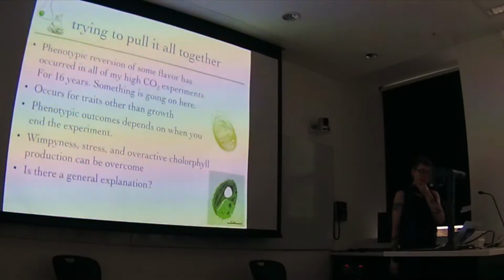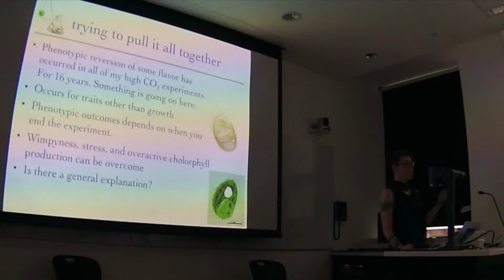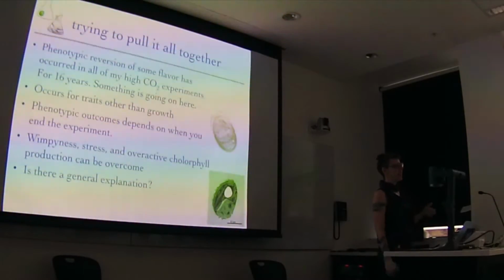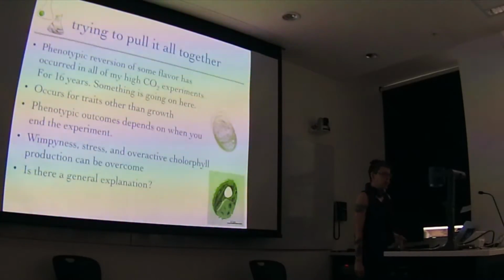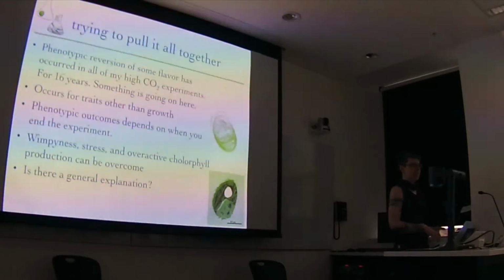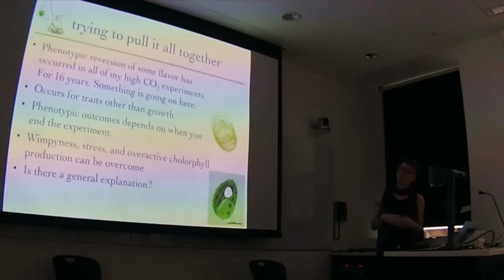So I talked about growth rate in Austriococcus, but this kind of phenotypic reversion has happened in every single high CO2 experiment that I've done over the past 16 years. And for every experiment, I've written it off as having to do with the organism or the experimental setup. But I feel like if it's really 100%, there might be something there. It happens for traits other than growth.